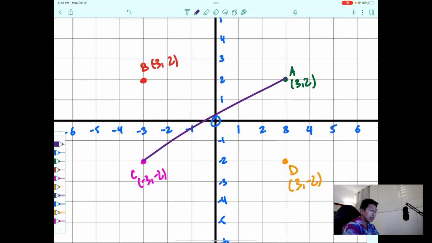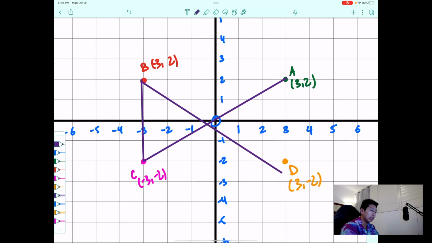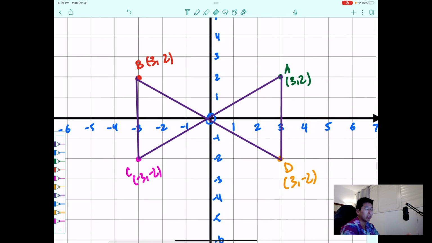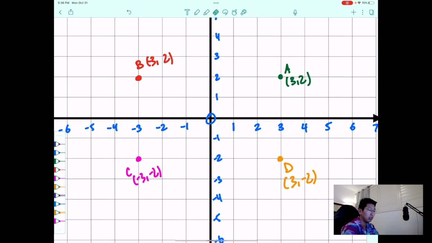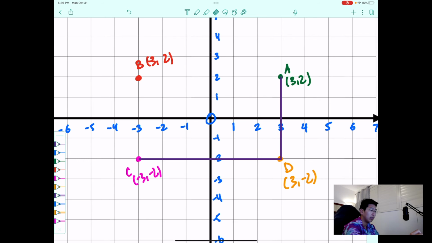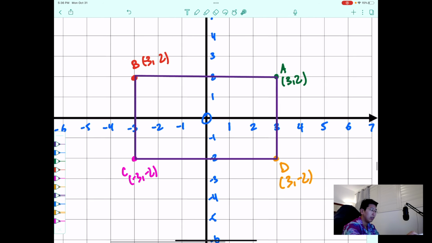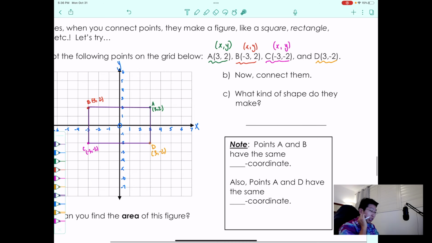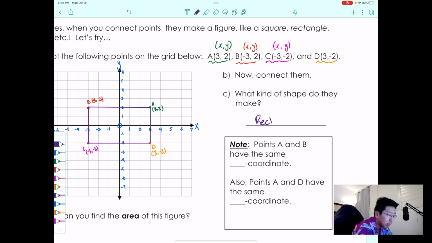If you went from A to C, C to B, and D to B to D, right? This is not the image I'm trying to create. And so I just want to make sure as you're doing this, make sure you're connecting from A, B, C, then D. And now this will get you a shape. What kind of shape did they make? They created a rectangle.